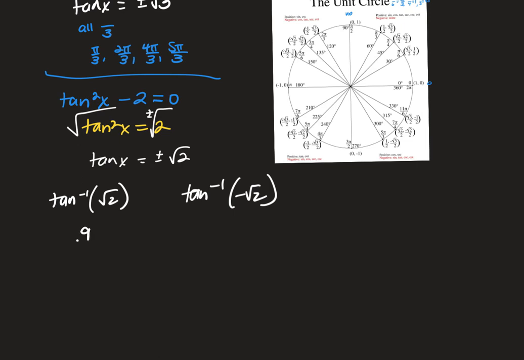This is 0.955, so on and so forth. And tan negative 1 of negative square root 2 is negative 0.955, so on and so forth. I think it tells you what to round to. I don't know if it's 2 decimal, I don't remember, but you would use your calculator for those. For the ones that need degrees, would it say to switch back to degrees? Yes, yep.